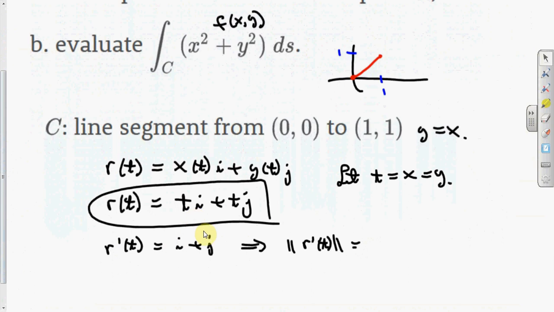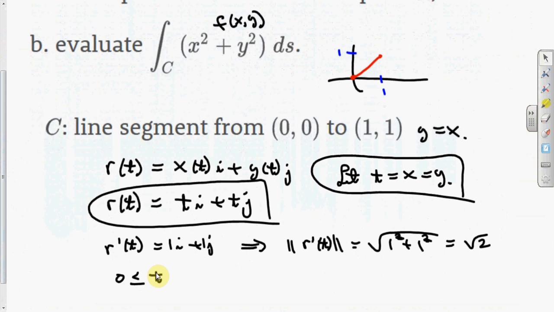It says those derivatives squared. Well, this is 1, right? And this is 1. This is the square root of 1 squared plus 1 squared. So that means that t goes from 0 to 1. X is equal to t, y is equal to t. So t goes from 0 to 1.